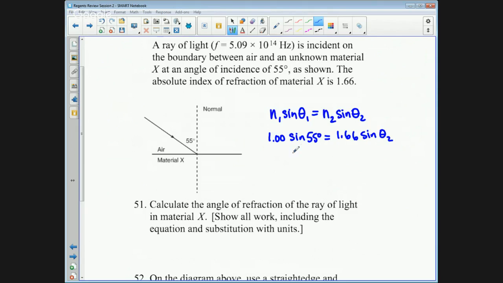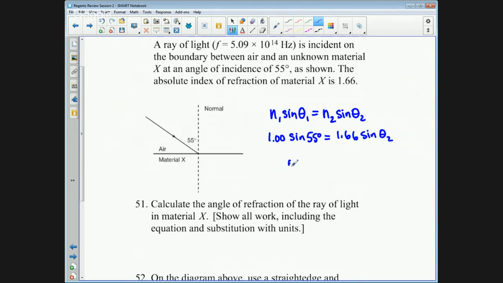On my left side, I get 0.49 equals sine theta 2. Now I need to do sine inverse, or arc sine, of 0.49.